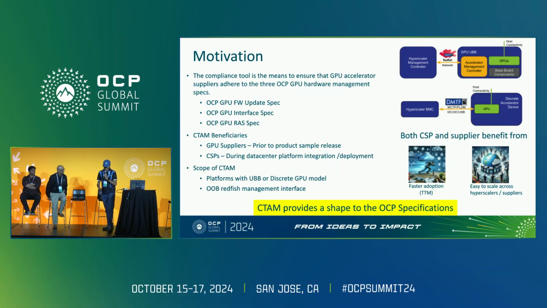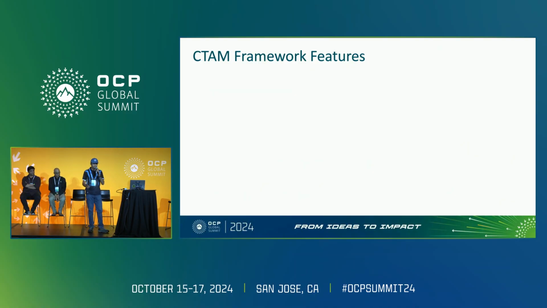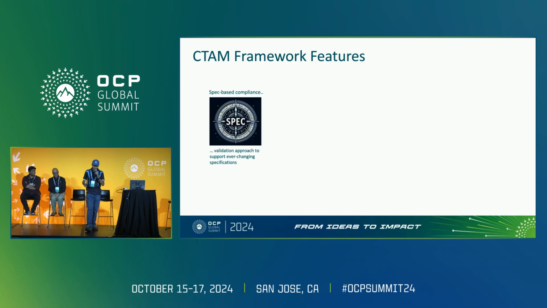All right, so let's dive in a bit on the features which the framework provides. Like any other compliance tool, you have a framework and you have a bunch of compliance scenarios on top of it. One of the key features that we wanted this tool to adhere to was spec-based compliance.